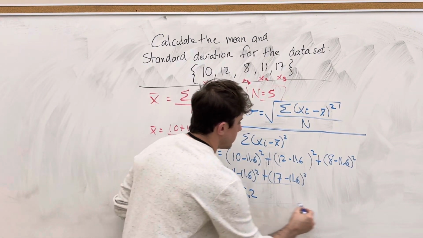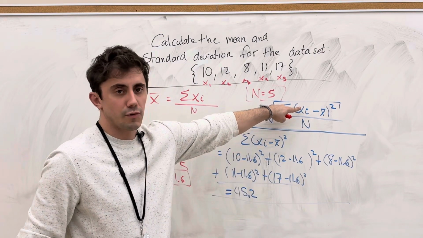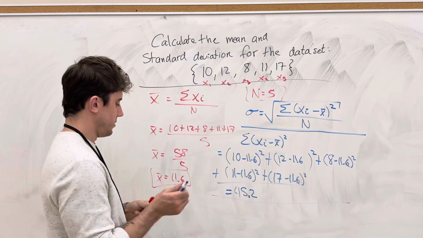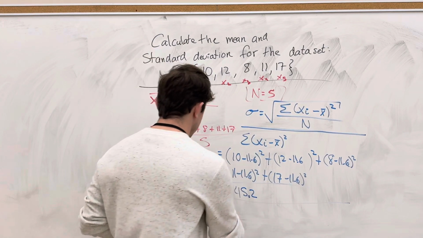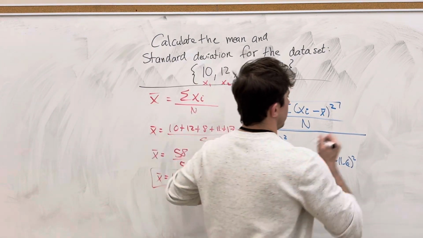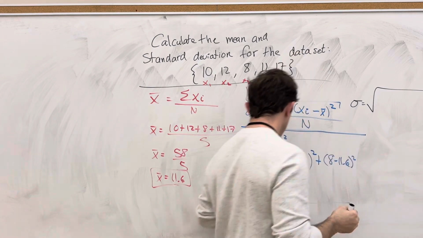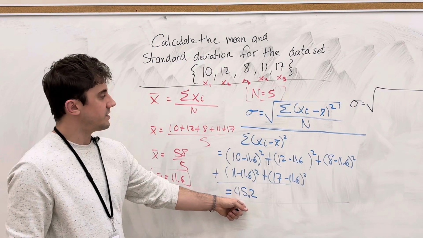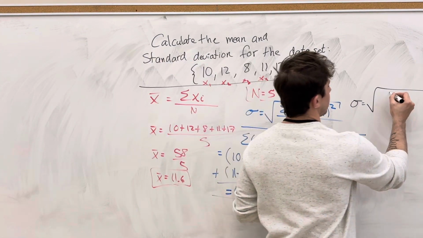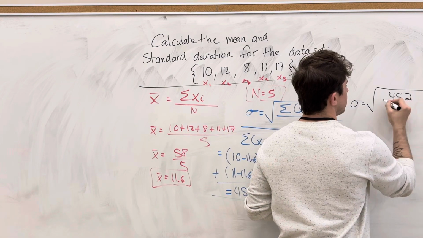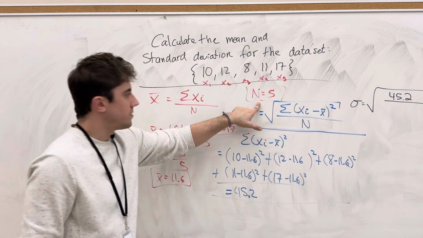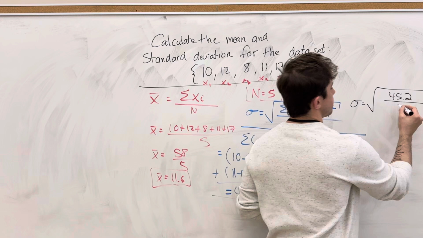So that 45.2 is going to be our numerator. And so, almost ready to finish this all up. Our standard deviation is going to be the square root of the sum of the differences squared, 45.2, divided by n, 5 data points.